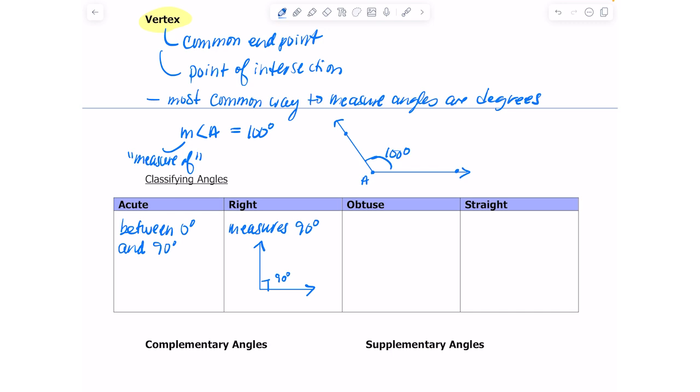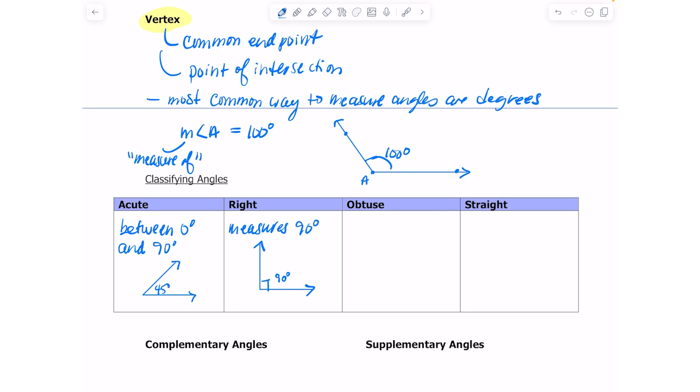An acute angle has to be smaller than that. So we're going to make this ray come in a little bit so that it's smaller than an L. The opening isn't as wide. So maybe something like this could be an acute angle. Smaller than 90 degrees, it's got a smaller opening, is an acute angle. So maybe this is like 45 degrees.